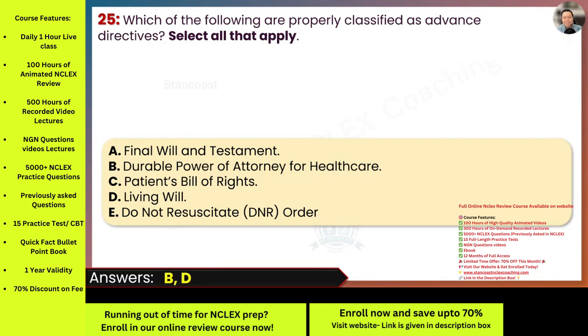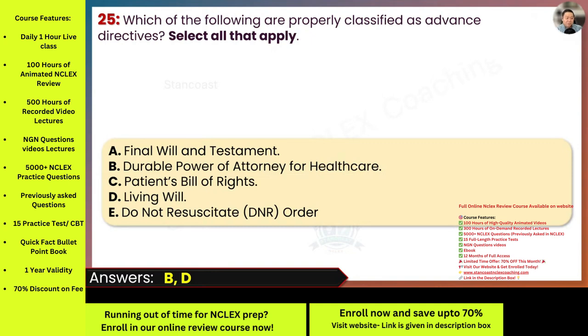Why? Well, it's because B says here, durable power of attorney for healthcare. This is a document that legally appoints someone, we call them a healthcare proxy, to make medical decisions for a person if they become unable to decide for themselves. And it is an advance directive because it ensures medical choices align with the patient's wishes, even when they cannot communicate.